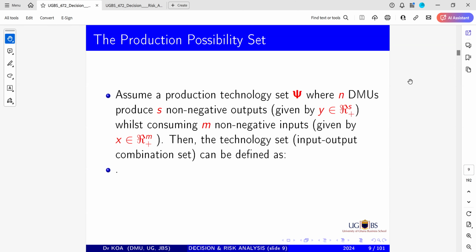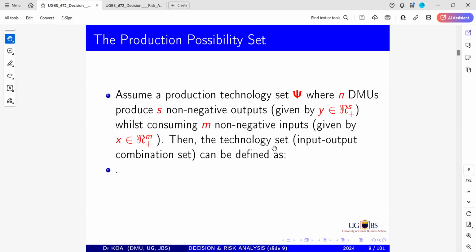So we are assuming that you can have outputs that are non-negative, but there can be zero outputs. In fact, there can be negative outputs, but for this purpose, we are not considering them. And these non-negative outputs are given by Y being a member of real positive numbers. And these outputs are consuming inputs represented by X, which are also real numbers.